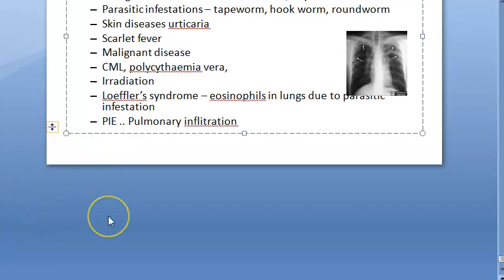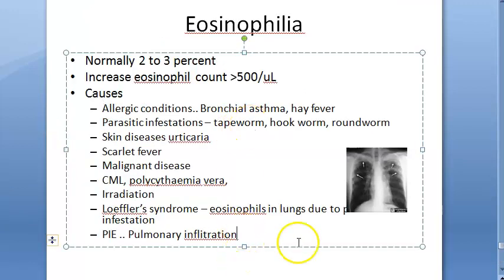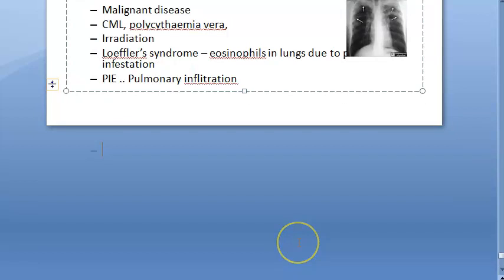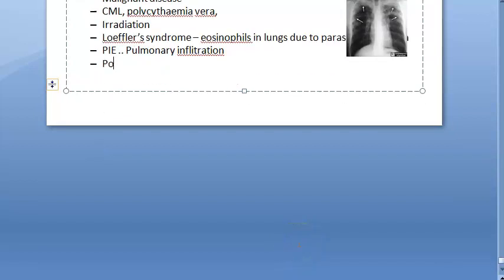Then polyarteritis nodosa, rheumatoid arthritis. So many causes they have given. All these can be causes of eosinophilia.